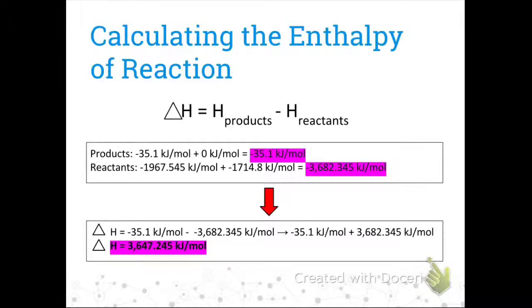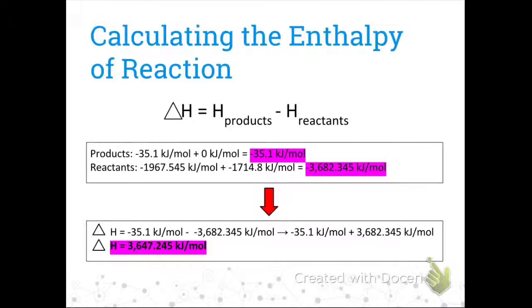Now that we have done all of the multiplication, we can use the formula of delta H equals H products minus H reactants. Before we plug in the numbers, we must add the reactants and products. For the reactants, we add negative 1967.545 kilojoules per mole plus negative 1714.8 kilojoules per mole, and we get a total of negative 3682.345 kilojoules per mole.